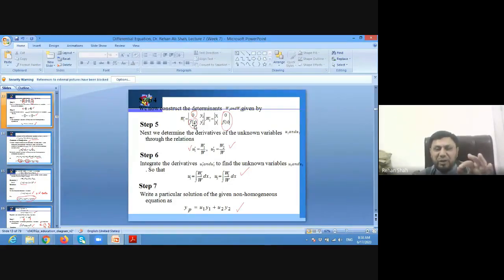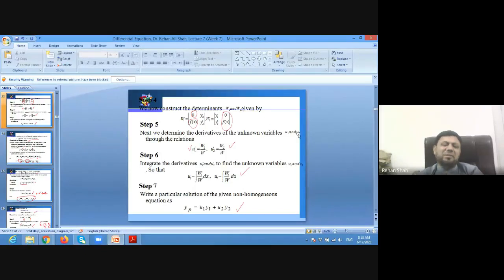If it is e power 2x, then f of x is e power 2x. If it is x plus 1 e power 2x, write that. If it is log of x, write log of x. So f of x may be any function. Y2 is the second solution, and y2 dash is its derivative. What is W2? Y1 is the first solution, y1 dash is its derivative, and 0 is the homogeneous side, and f of x is the non-homogeneous side function.